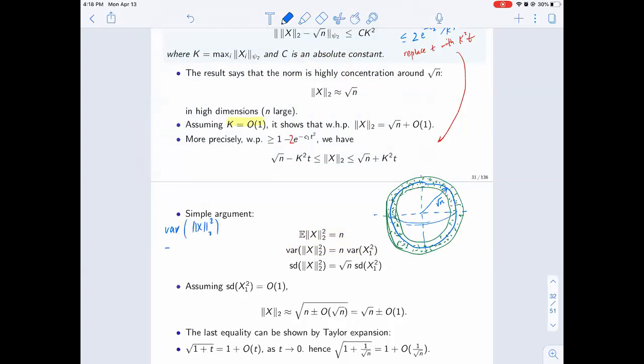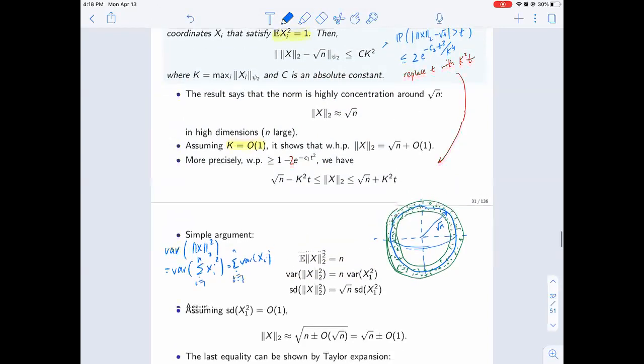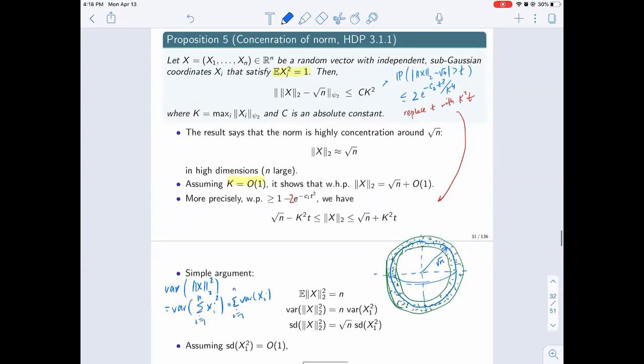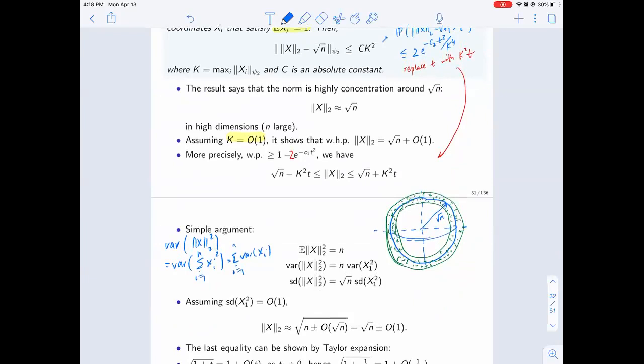So this is going to be the variance of the sum from i equals 1 to n of xi squared. And the xi squared are independent, so this is going to be the sum of the variances. Right? Yes. Why is it only 1? You're right. I'm assuming that they have similar mean.